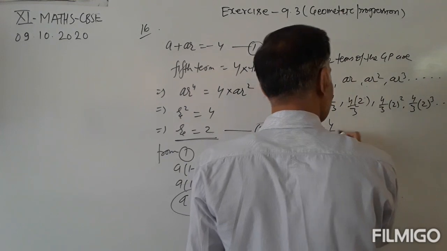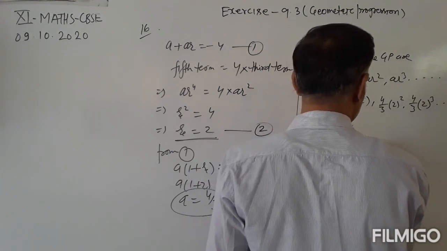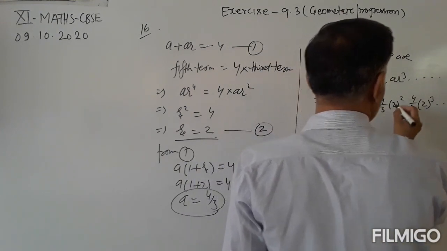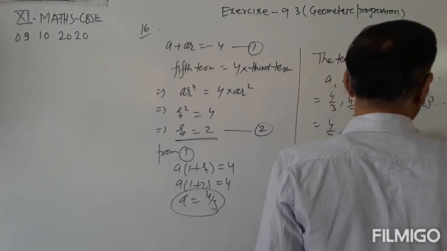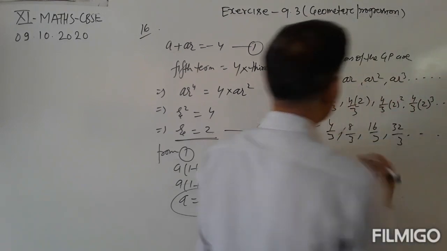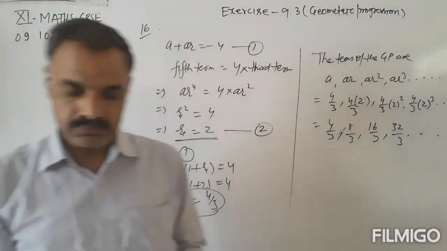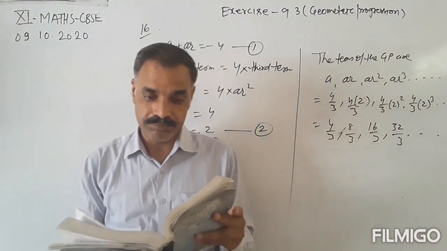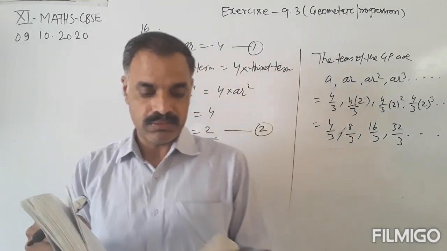So 4 by 3, 8 by 3, 16 by 3, 32 by 3, and so on. These are the terms of the GP in question number 16.